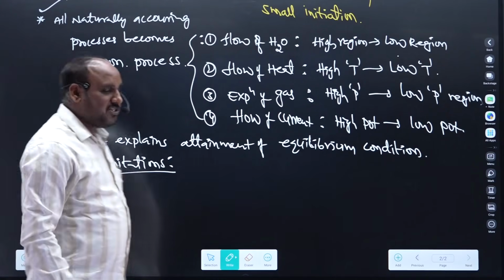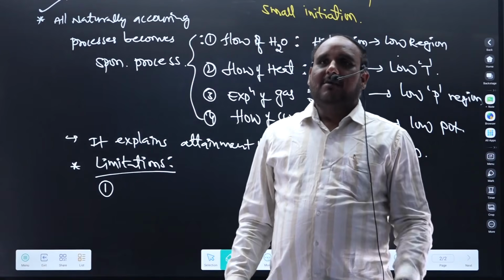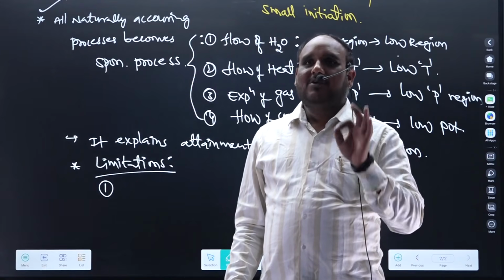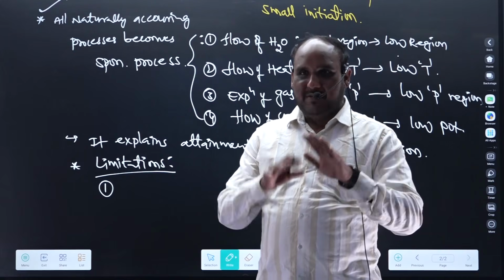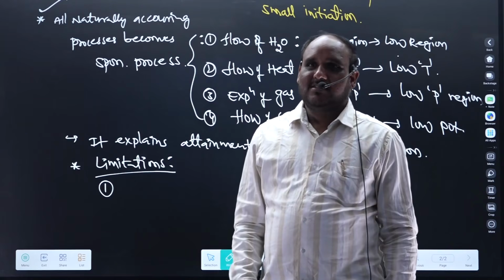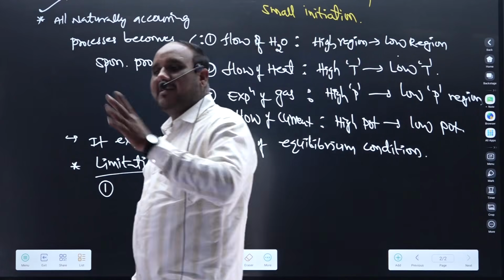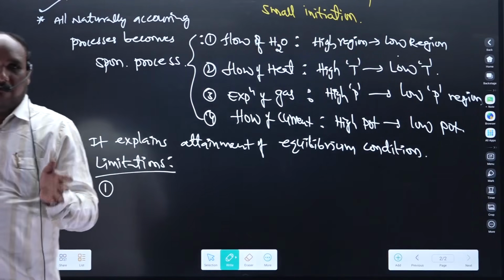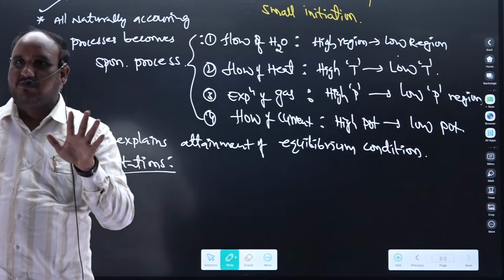What are the limitations? It is applicable for macro particles only. Macro means big size. It won't be applied to micro particles. That is the limitation. Whatever heat transfer we consider from physical and chemical processes becomes a macro process only.